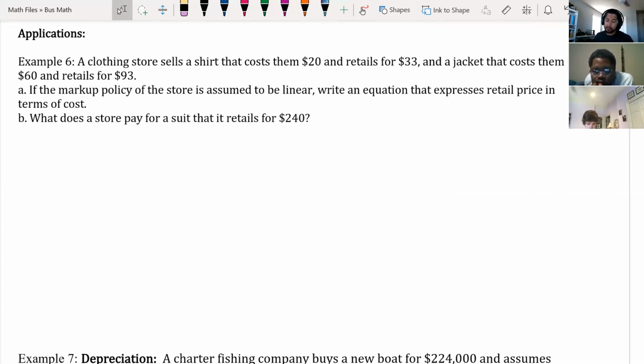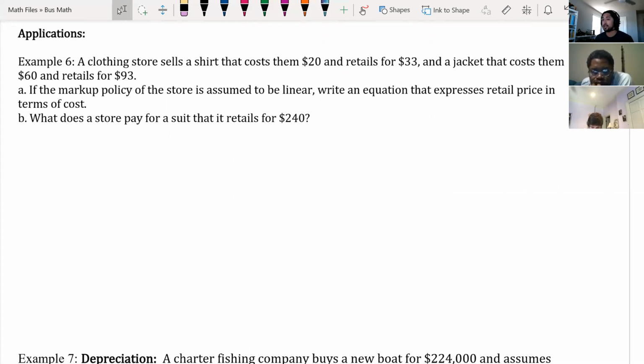So example 6: a clothing store sells a shirt that costs them $20 and retails for $33. And then they sell a jacket that costs them $60 and retails for $93.